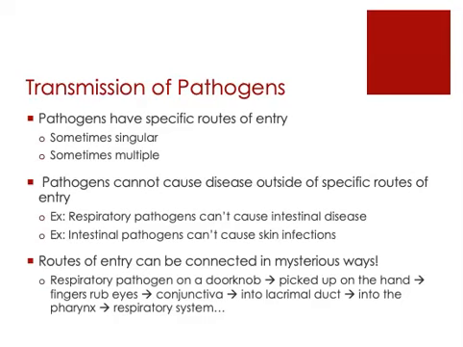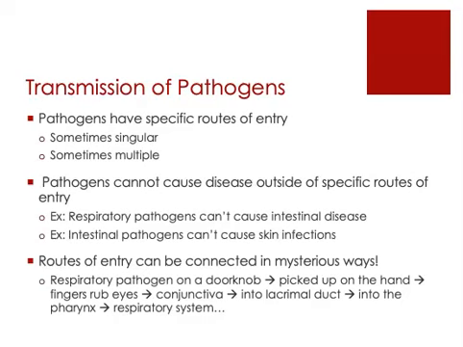So it's important to remember that pathogens have specific routes of entry. Sometimes there's a singular route, sometimes there are multiple routes. Pathogens are restricted, essentially, by what disease they can cause based on what tissue they're able to infect.